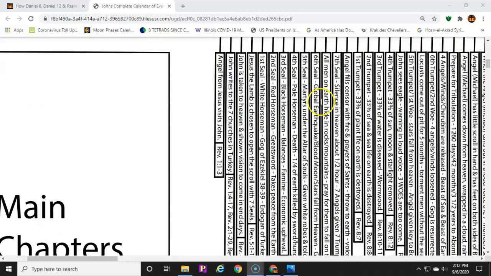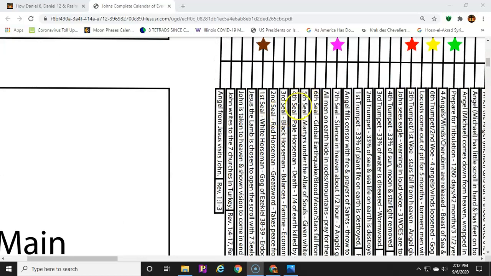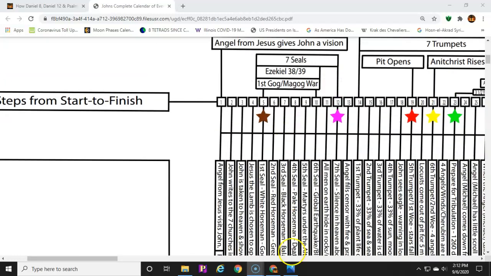That fourth horseman is going to be when Erdogan really starts to do a major invasion into Syria. And the other thing that's going to happen here between the third and the fourth horseman is we're going to see that Daniel 8 effect. And so this is important to understand, the procession of events that are going to happen, so that we can see how this is going to occur.